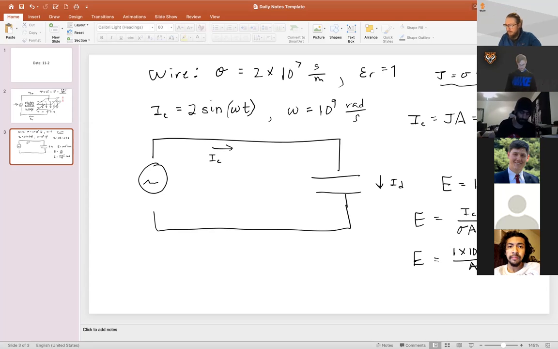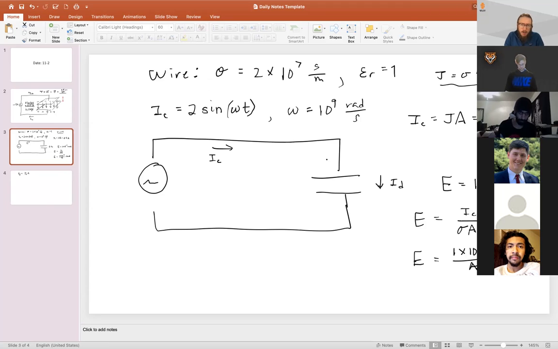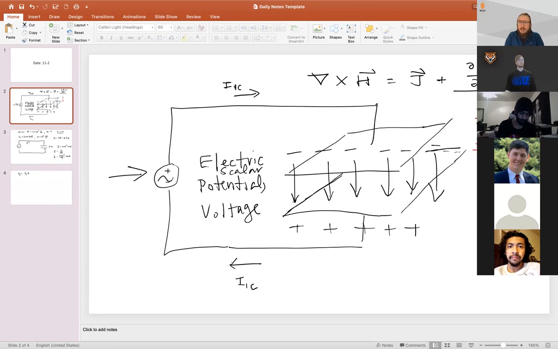Now, we also know that the displacement current density would be the displacement volume current multiplied by the area. So if you have some displacement current like this, we could write this term as the conduction current and the displacement current.